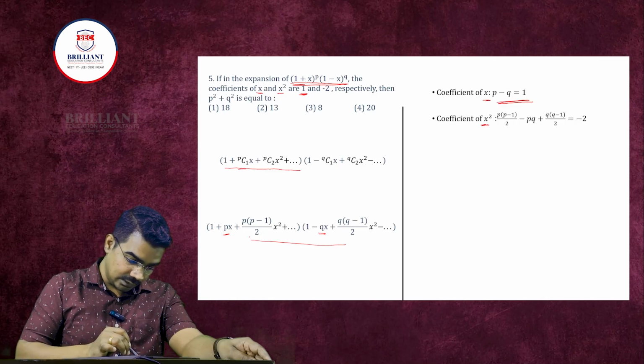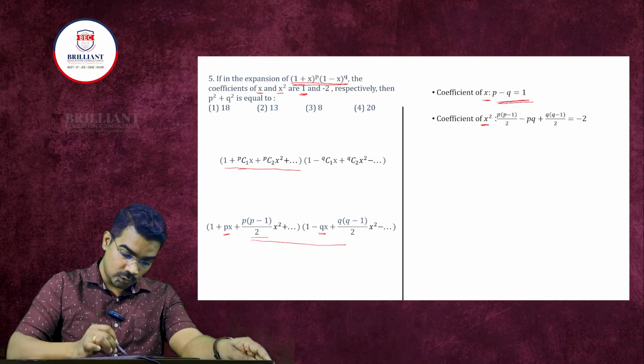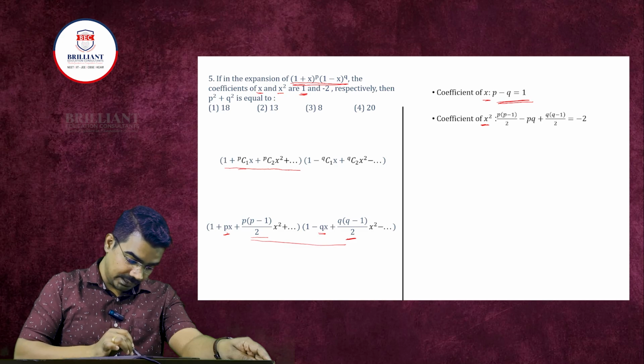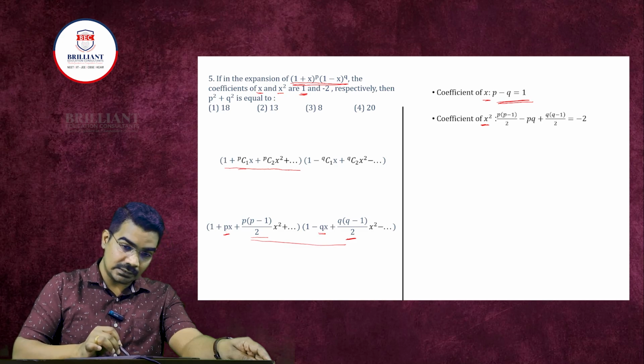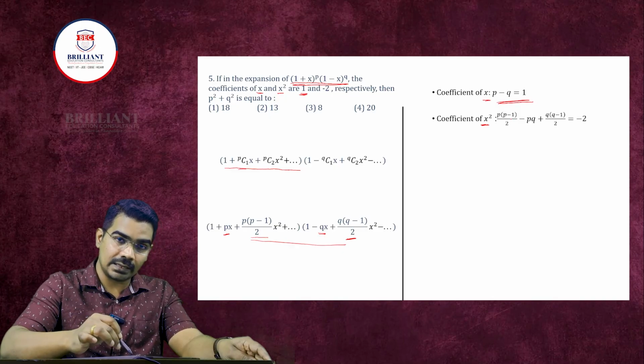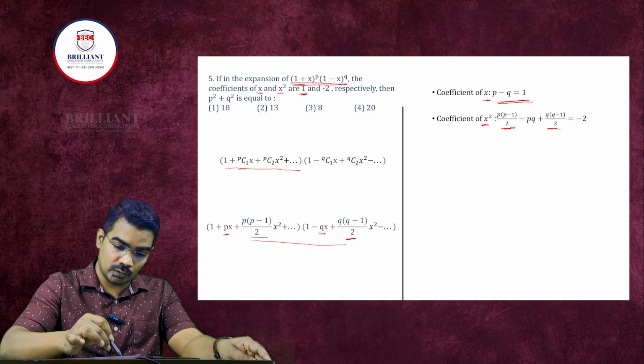So directly the coefficient of x square, p into p minus 1 by 2 is there, q into q minus 1 by 2 is there. Now the multiplication of p x and minus q x. So that will be p into p minus 1 by 2 plus q into q minus 1 by 2 minus qp.